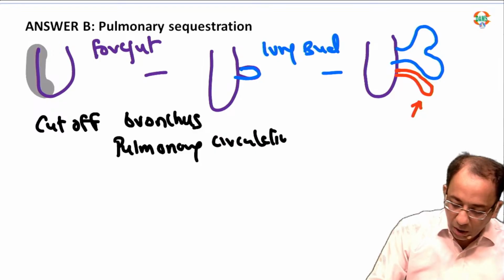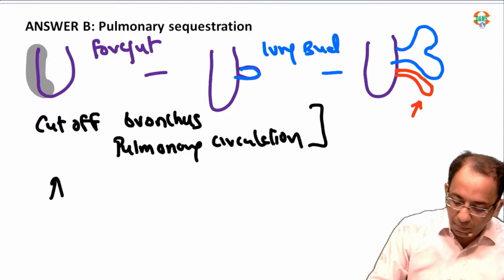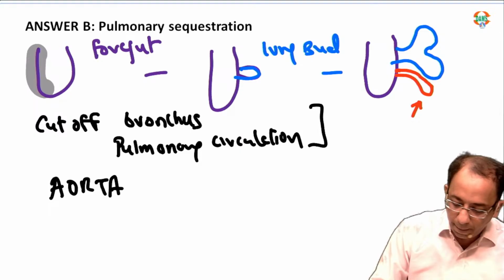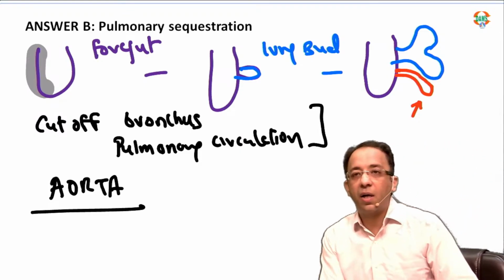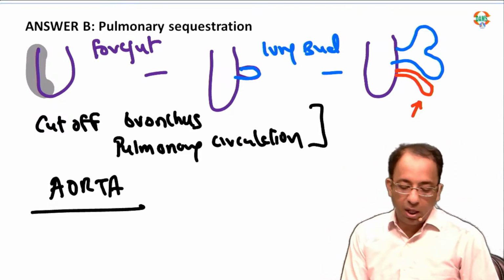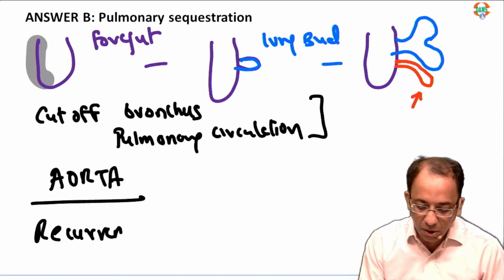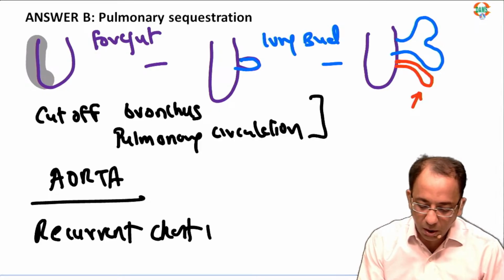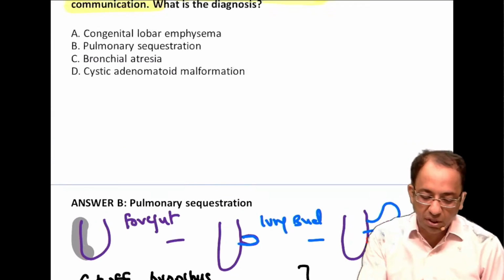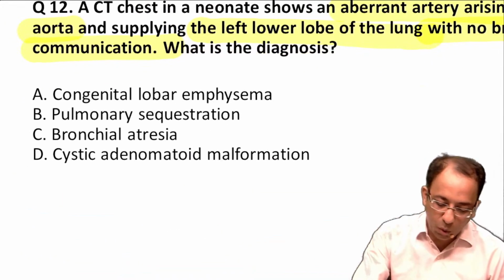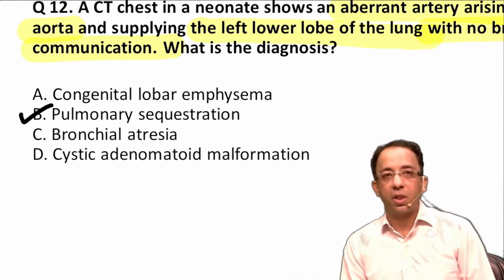And this segment will receive the arterial supply from aorta. And the child will come to you with recurrent chest infection. What do you think we're dealing with? Recurrent chest infection. This is called bronchopulmonary sequestration.